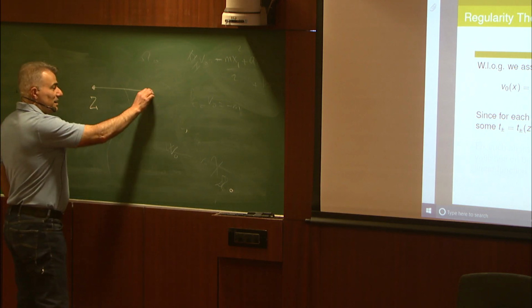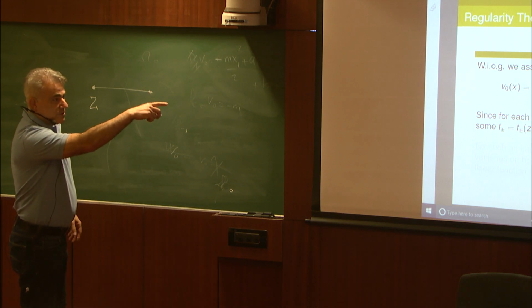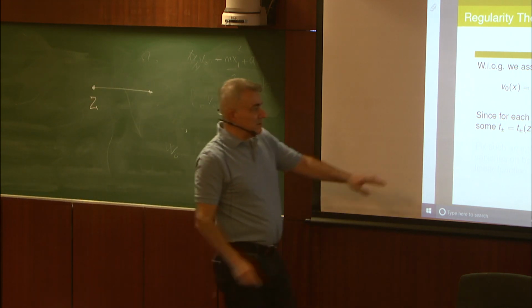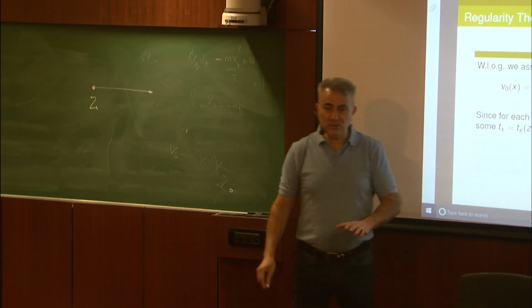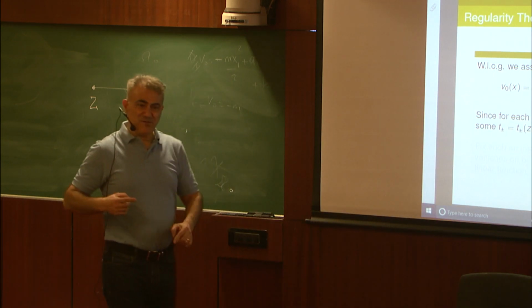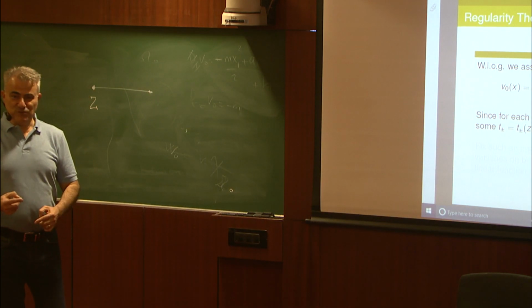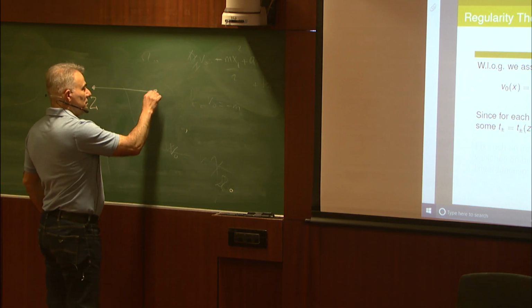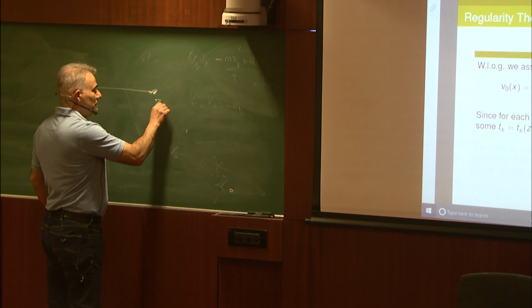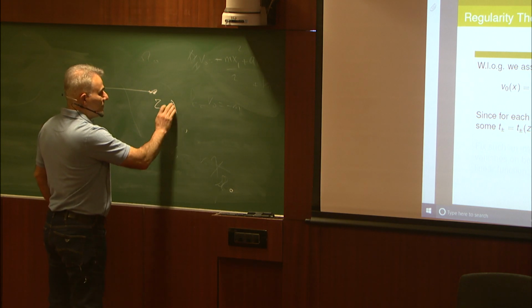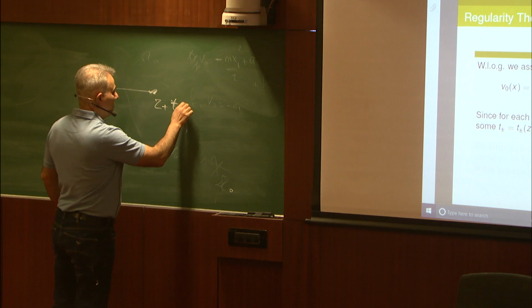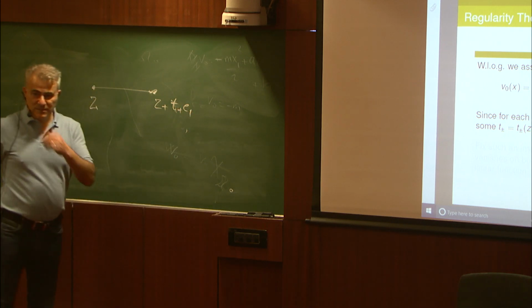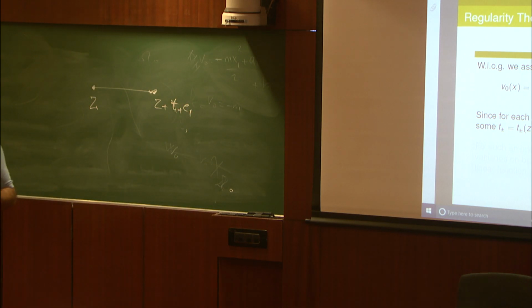So it means that this equality, that the value equals to this, is only true inside omega 0. It means after a while I'm going to hit the boundary, and then this doesn't continue. So here I have the boundary. I call this t plus e1. Agree?